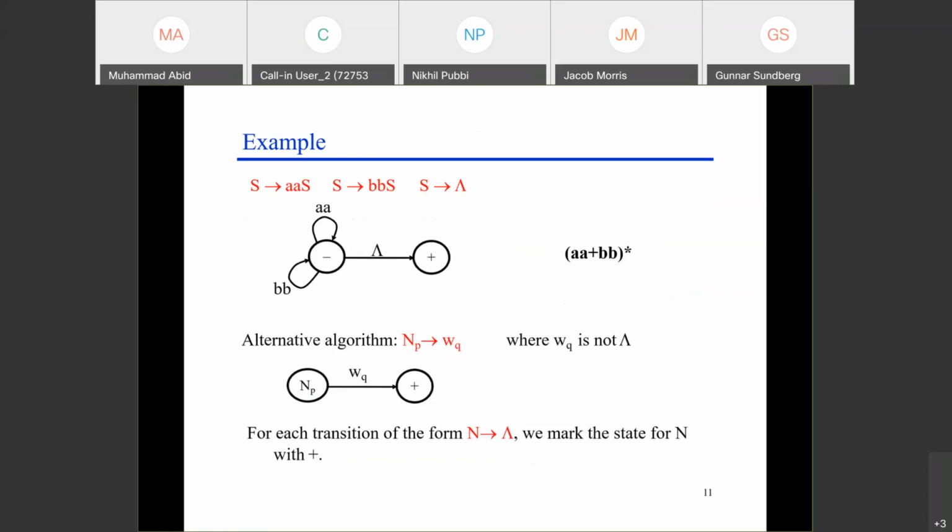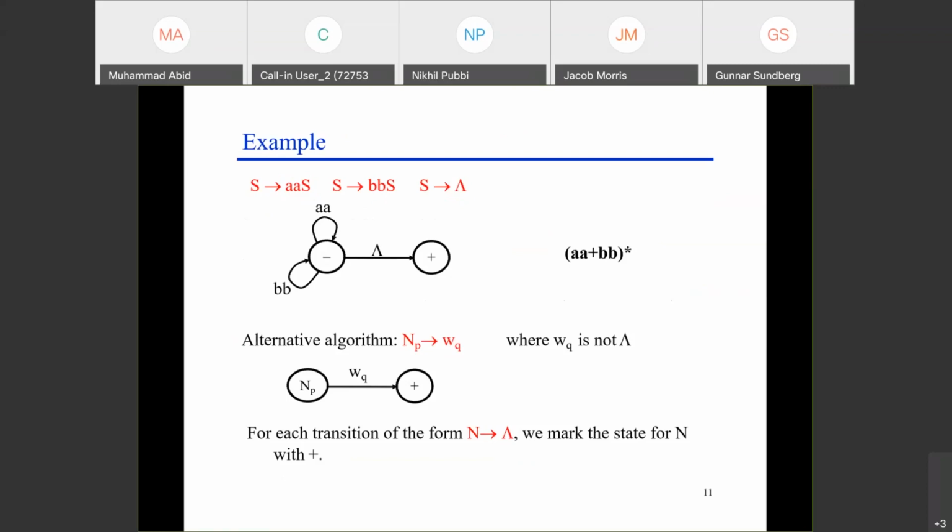If you see the first production rule, this is a semi-word because it has all terminals and only one non-terminal at the end. This is a semi-word because terminals and only one non-terminal at the end. This is a semi-word because it is just a lambda. Lambda is also a semi-word, or if you have just a non-terminal, that will also be a semi-word.